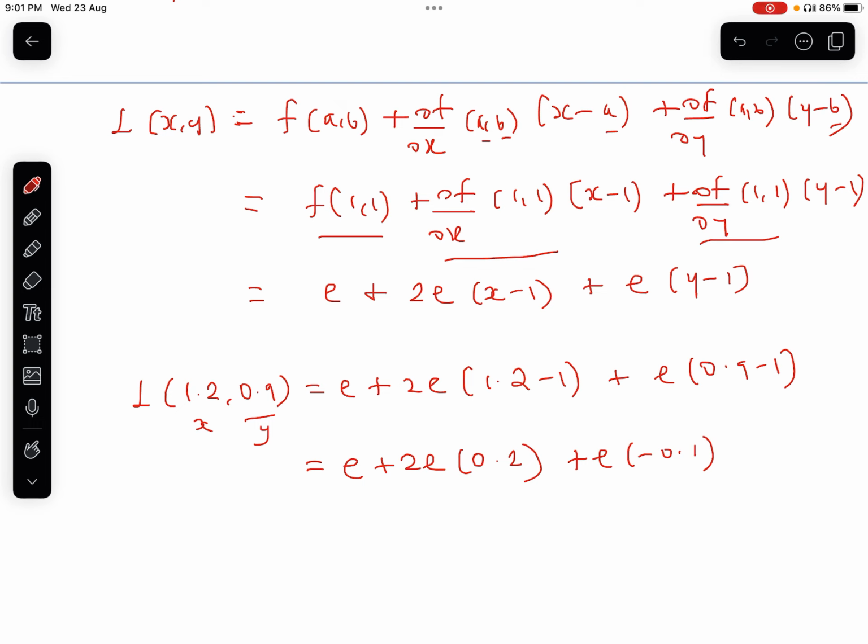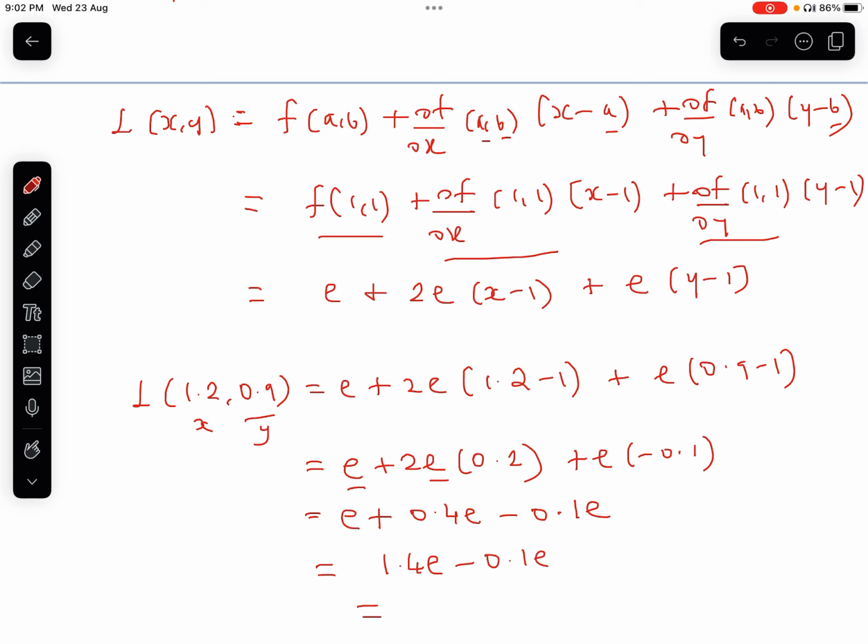Okay, so therefore e plus 2 into 0.2 is 0.4, 0.4e. Don't miss out e, you should be very careful. Then e into minus 0.1 is minus 0.1e. Okay, so the overall e plus 0.4e is 1.4e, minus 0.1e.